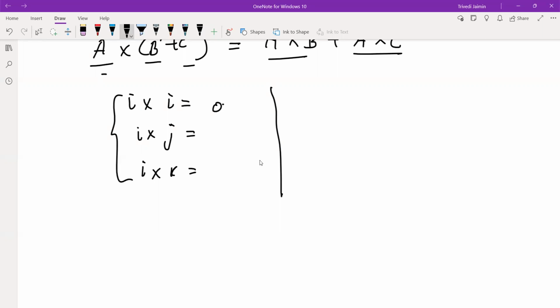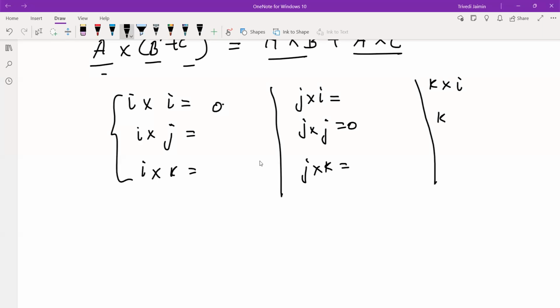Another one, j cross i, we don't know. j cross j equals 0. j cross k, let's find out these remaining. See, I'll tell you a small trick to remember because there are so many values. k cross i, k cross j, k cross k equals 0.